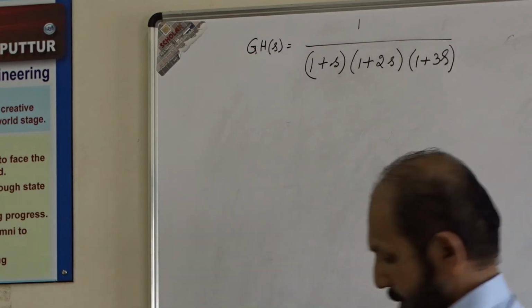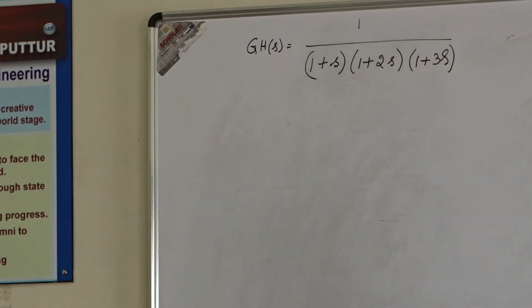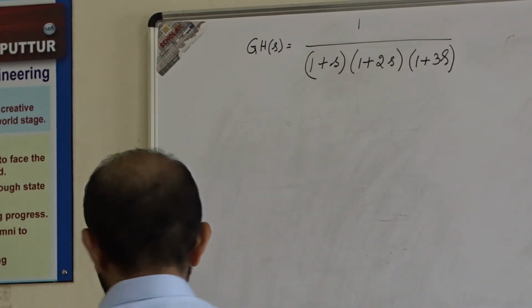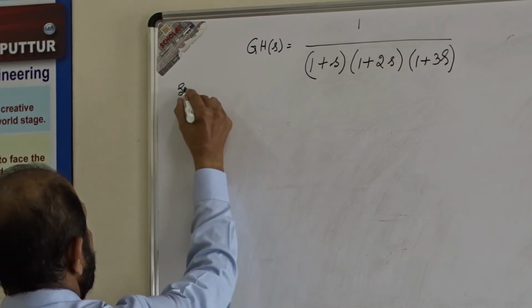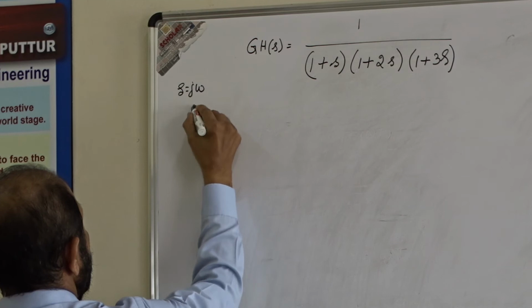So this is the open loop transfer function given. Substitute s equal to j omega.